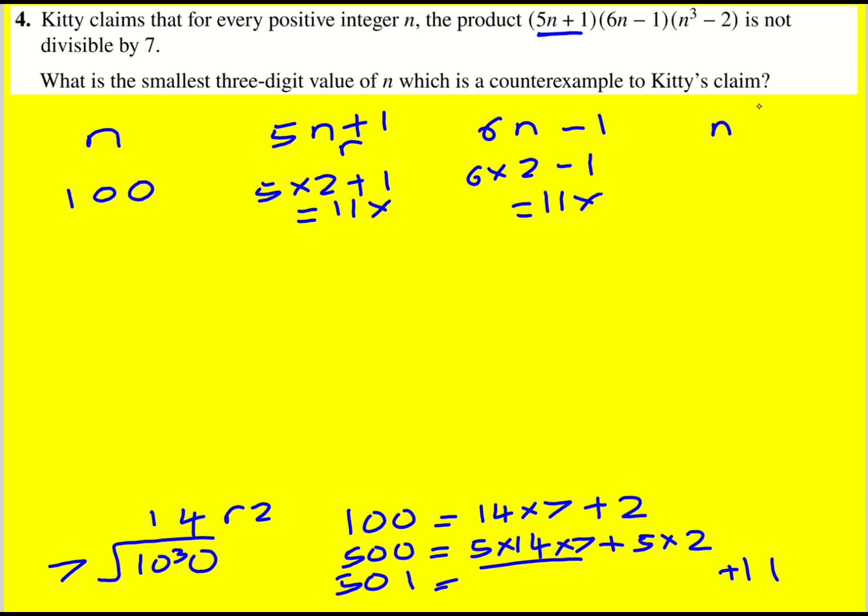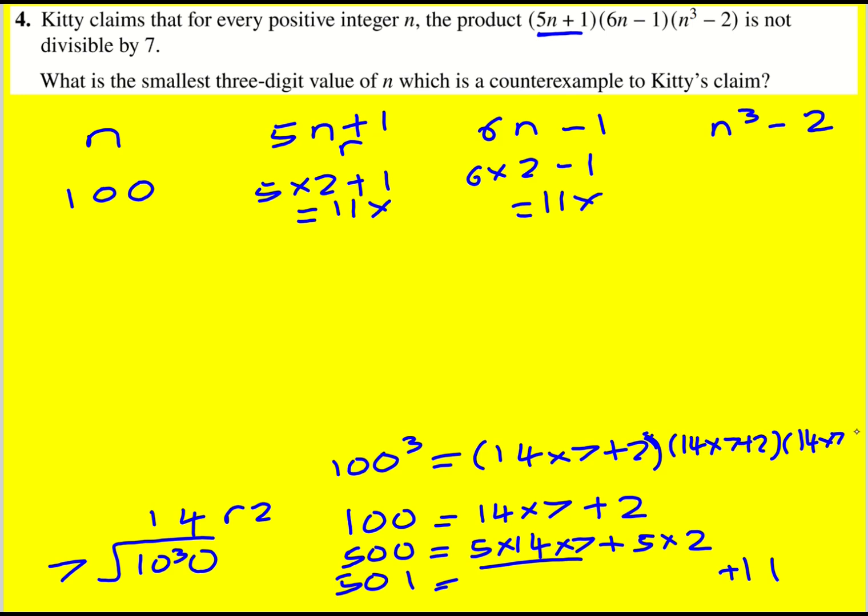This is where it's really going to speed things up. n cubed minus 2. Because if we had 100 cubed, we would put it into a triple bracket. We could write it as 14 times 7 plus 2, multiplied by 14 times 7 plus 2, multiplied by 14 times 7 plus 2. And if you expand this out, you're going to get loads of multiples of 7.